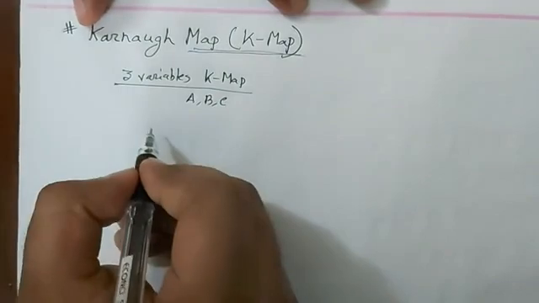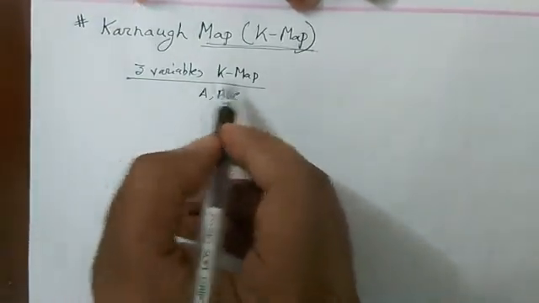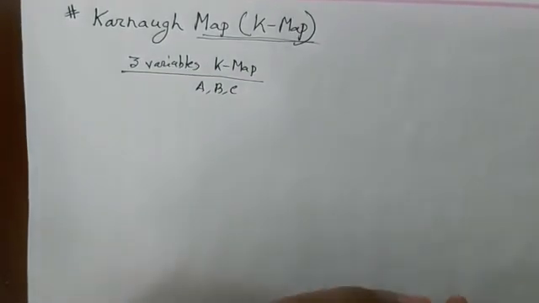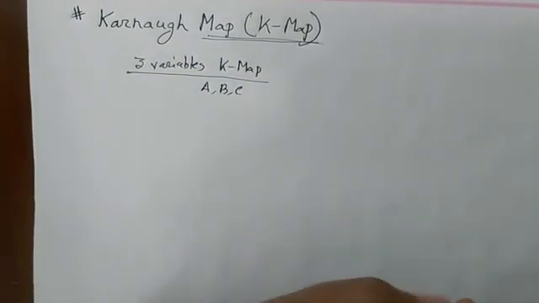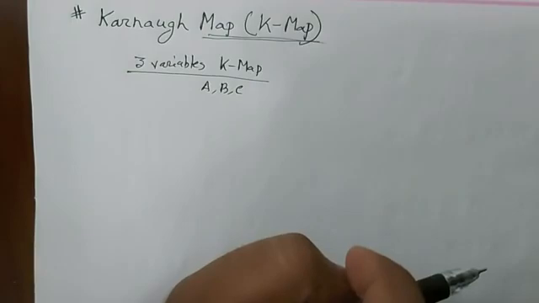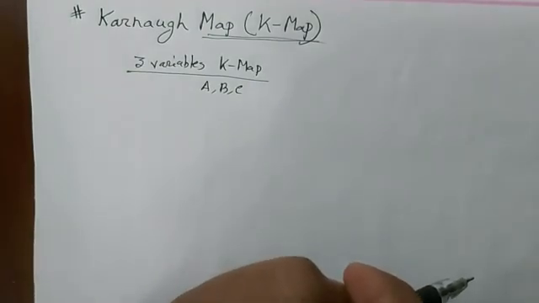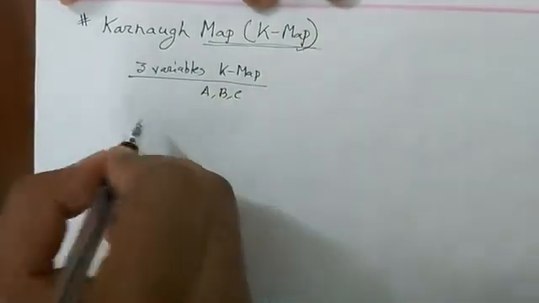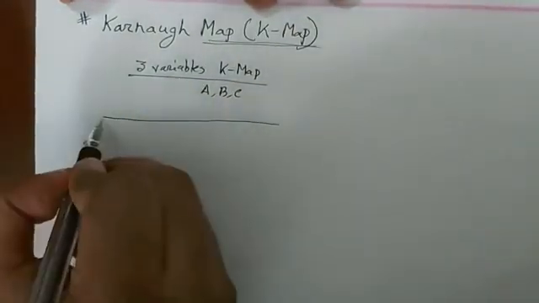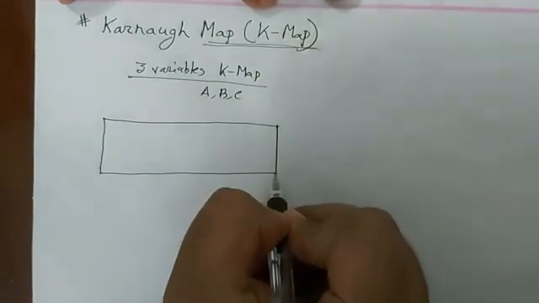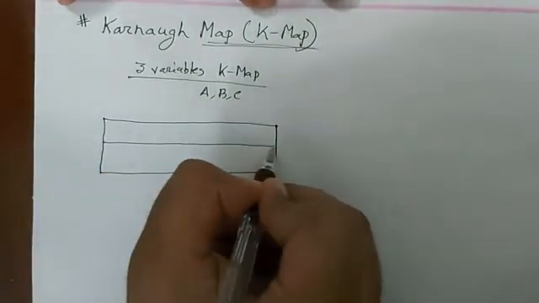So if we have three variables, then how many combinations can we have? We can have 8 combinations, right? And how many min terms can we have from three variables? We can also have 8 different min terms, from min term number 0 to min term number 7. Now for a three variables K-map, if we want to design it, the structure would be like this, and there would be 8 cells.